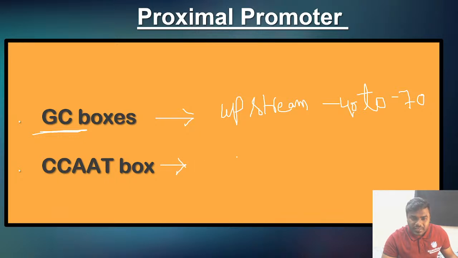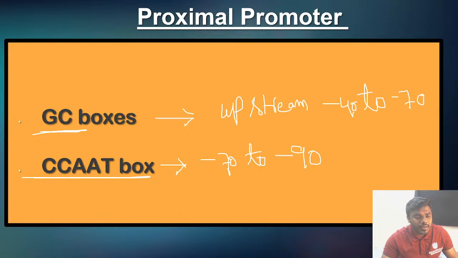And friends, at minus 70 to minus 90 nucleotide, which means upstream of the INR only, there is another promoter present, which we call the CAAT box. These are all the list of core promoters. These are all the list of proximal promoters.